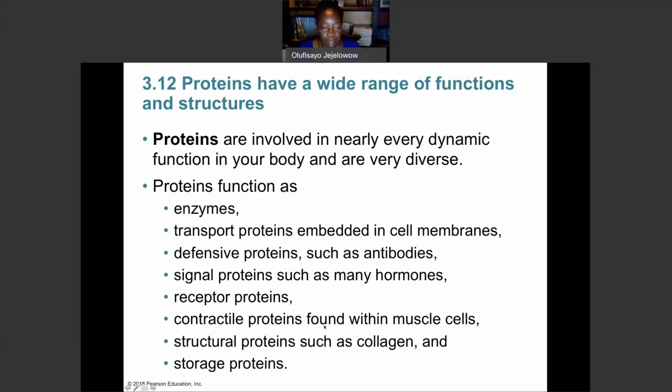Actin, myosin. The structural proteins such as collagen, you're all trying to buy collagen to look young, to make your skin far stronger and more flexible, and storage proteins that are in the bodies of living organisms. So proteins have a wide range of function and structure.